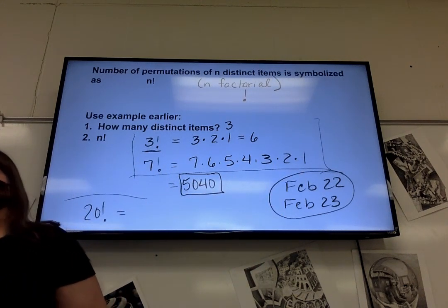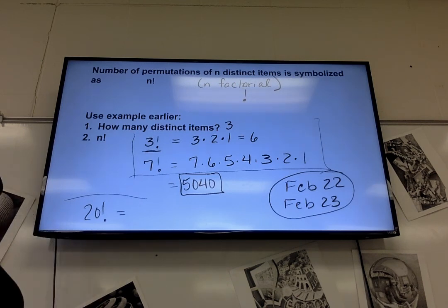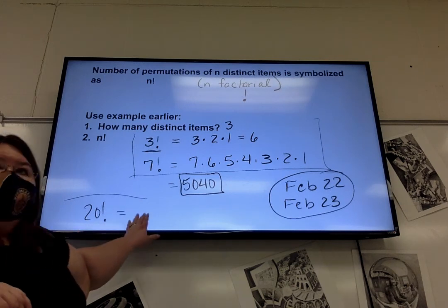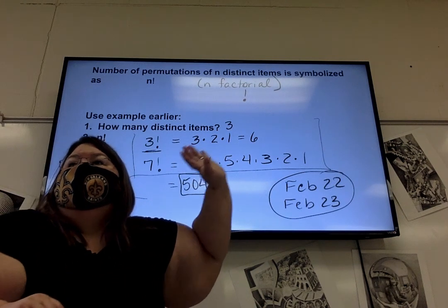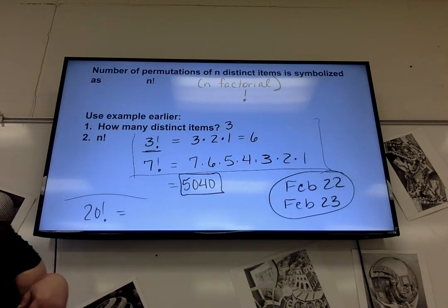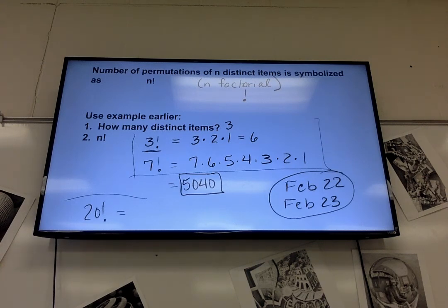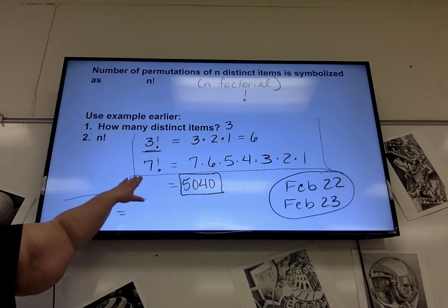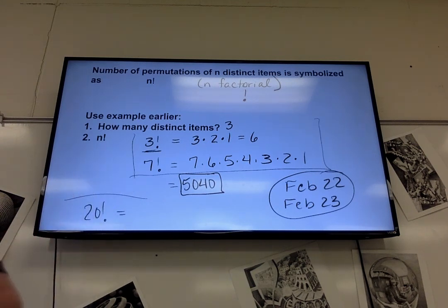So a calculator obviously is going to be quite handy here. And then 20 factorial would be 20 times 19 times 18 times 17, all the way down to 1. And that would tell you how many different ways you could rearrange 20 people, or how many ways you could rearrange 7 people.